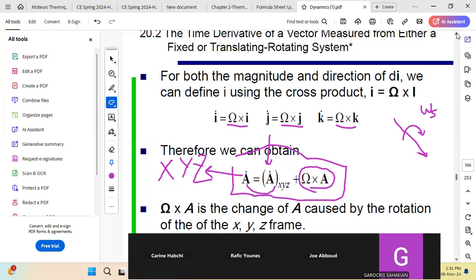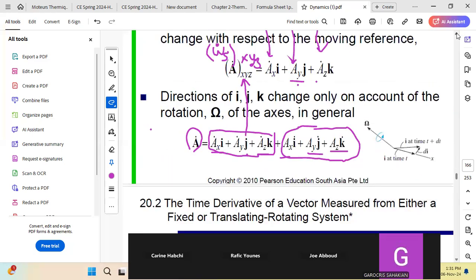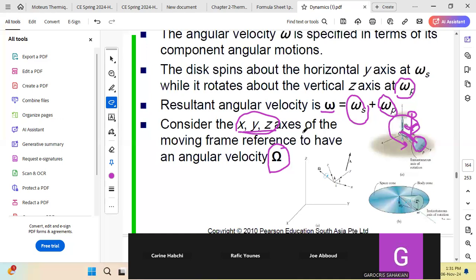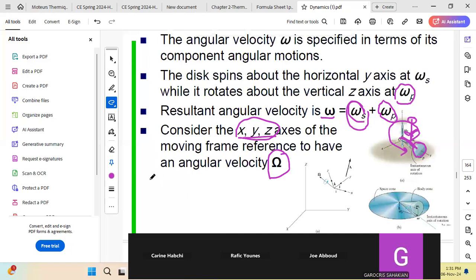If I go to the previous figure, I want to derive omega s with respect to time in big X, big Y, big Z. I will apply the formula.